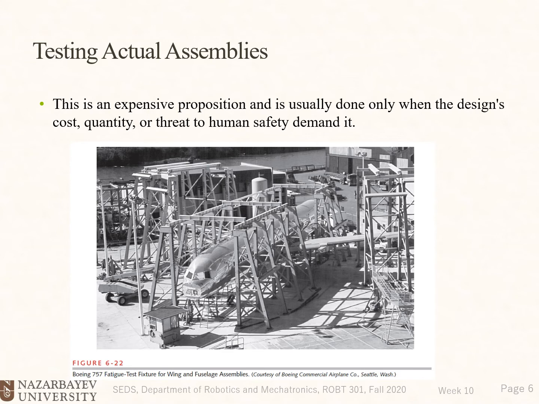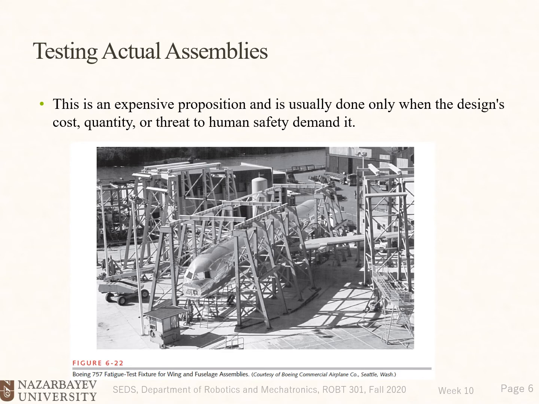For bicycles, for example, when there is a threat to the human safety, because developing these type of test machines are expensive, very expensive, and we need to break parts. See, like a specimen that we broke, we need to break many parts to see the real fatigue strength of the material.